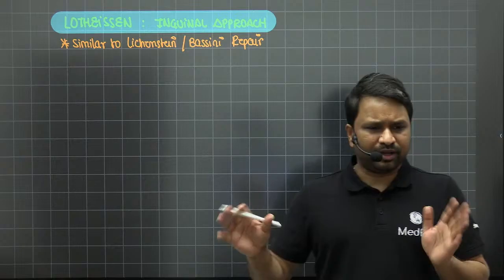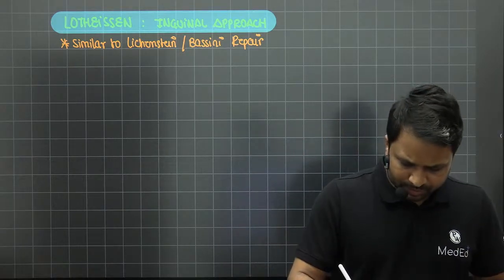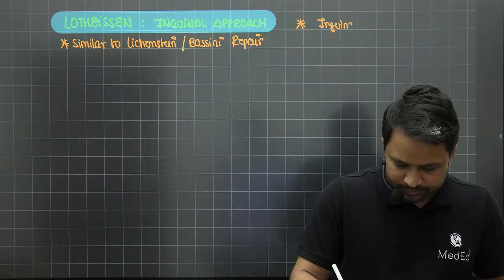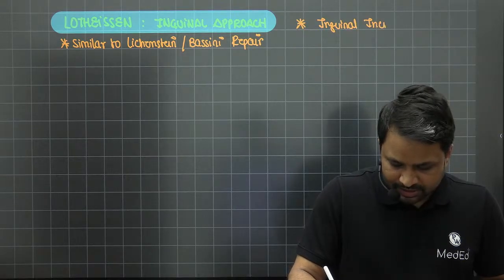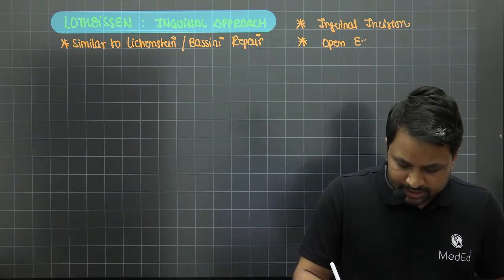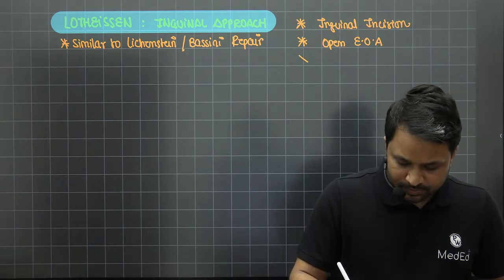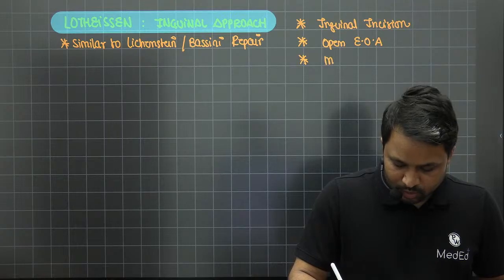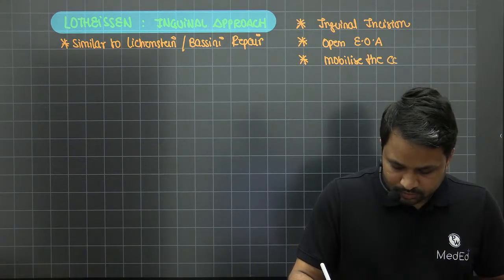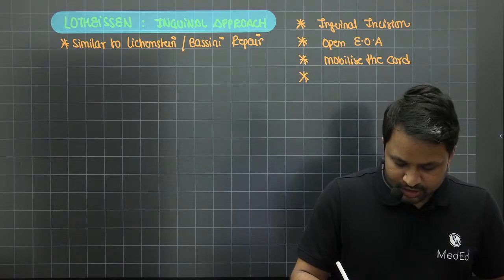Like we have done, in the same context, if I have to repeat these steps, here I will take an inguinal incision, identify the external oblique aponeurosis, and open the external oblique aponeurosis. I will mobilize the cord, exposing the fascia transversalis.